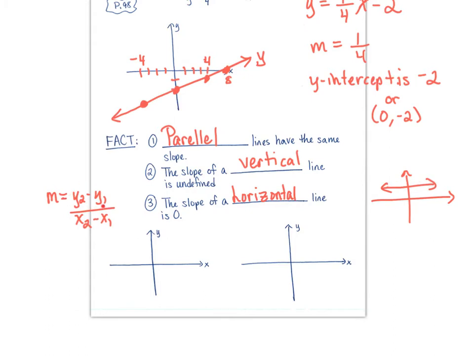So what would that mean about your numerator? What would you get? 0. Very good. You would get 0, which means you have 0 over some number, which is why your slope would be 0.